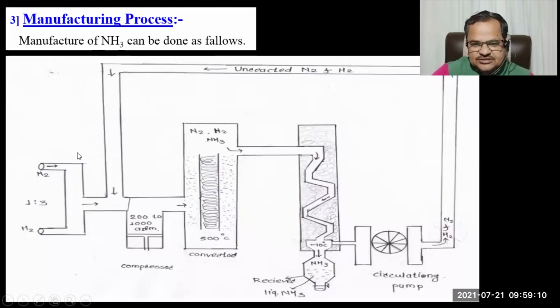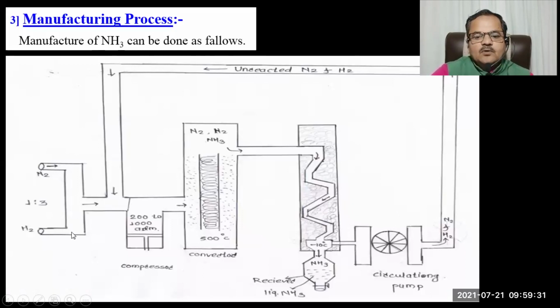See, this is the chemical industry in which ammonia is manufactured. If you visit a chemical industry or ammonia industry, then you will see such types of compartments in those industries, isn't it?